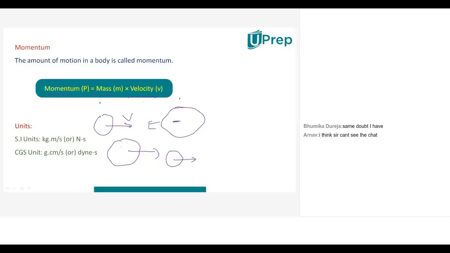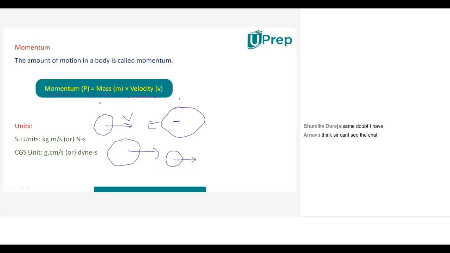And do you know about vectors and scalars, Arnav? Yes, sir. Tell me what you mean by vector or scalar. Sir, a vector quantity is a physical quantity which has magnitude and direction. Very good. A scalar quantity has only magnitude.